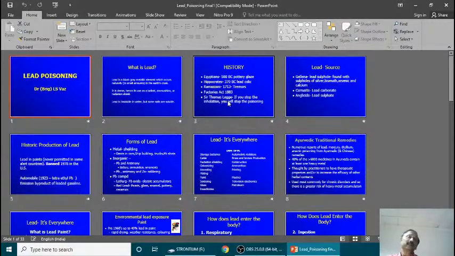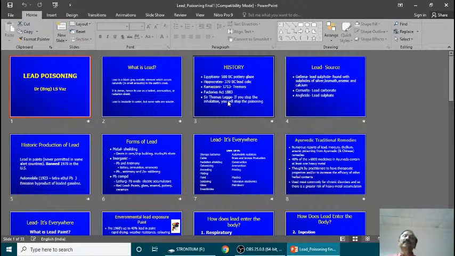Yes, that is all that I have on lead poisoning. I hope that I have conveyed the importance of this particular disease, and you will be able to write at least a short note on lead poisoning, which you normally get.